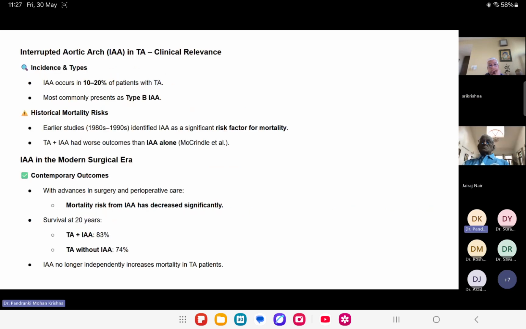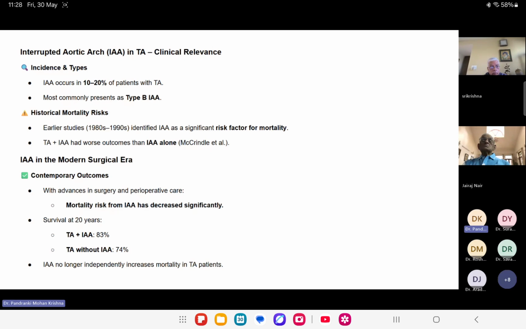Interrupted aortic arch occurs in around 20% of truncus arteriosus, and the most common is type B. Earlier studies showed it was a risk factor for mortality, but now interrupted aortic arch outcomes have been on par with the normal cases. Modern era mortality risk from interrupted aortic arch has decreased significantly.